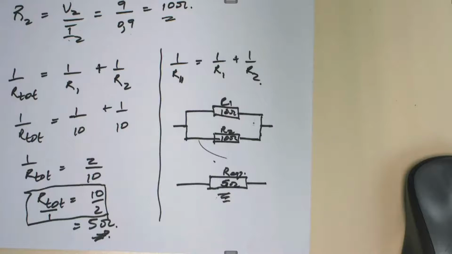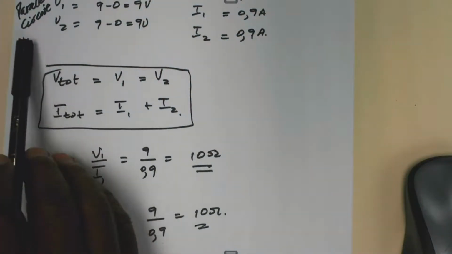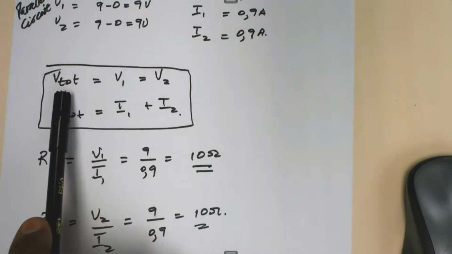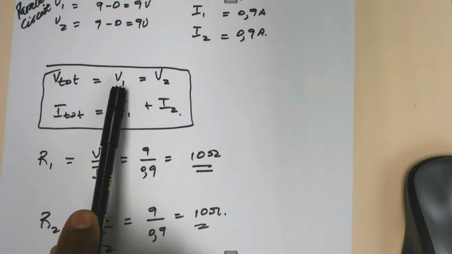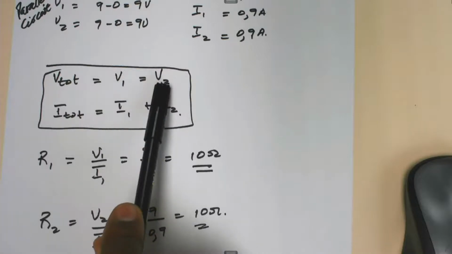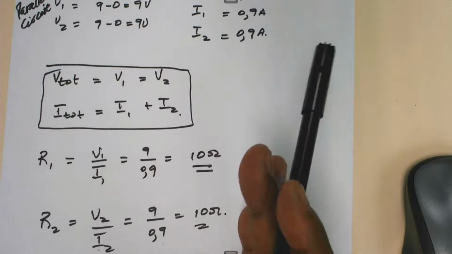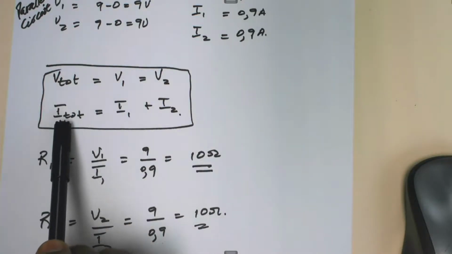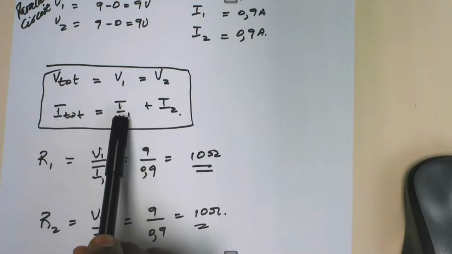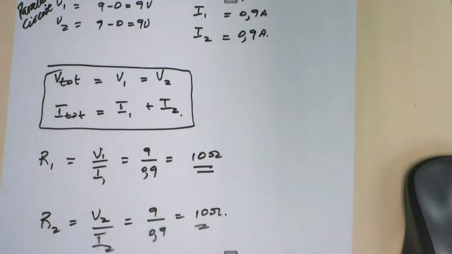So the key things to remember here are that for a parallel circuit, the total voltage will be equal to the voltage across V1 and the voltage across V2, or for any parallel components you will have that relationship. The total current in the circuit will be the sum of the individual currents through the resistors.